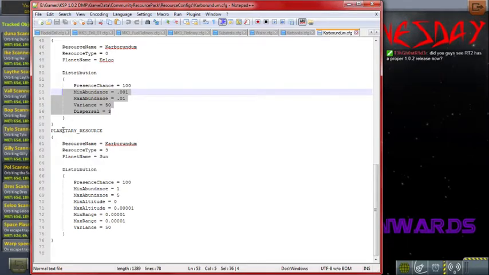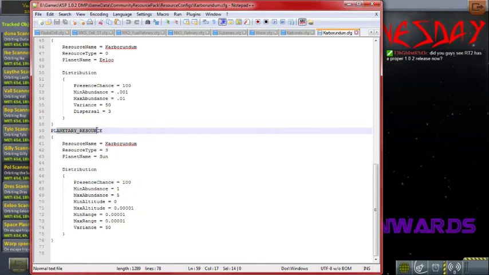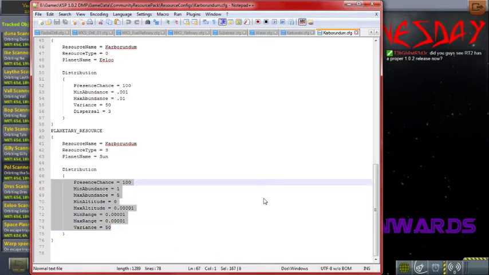And of course, don't forget, here's the interesting one, planetary resource type 3, which is interplanetary, i.e. between planets, so it's in space, in the area around the Sun, with those amounts.